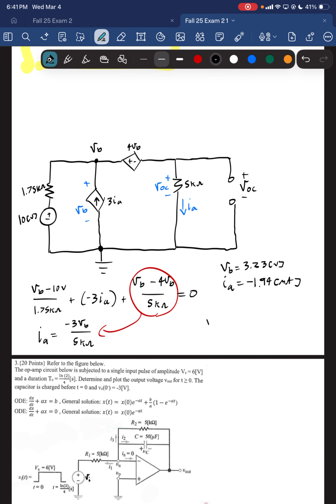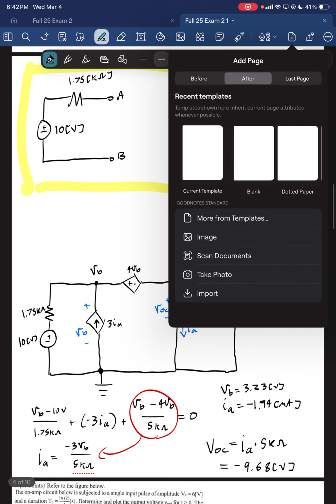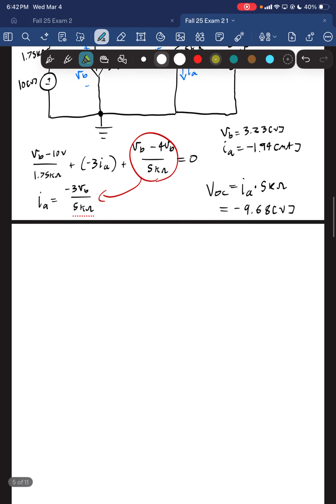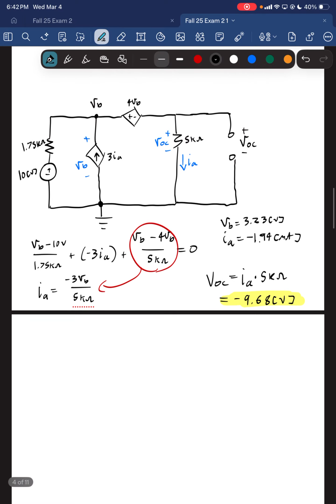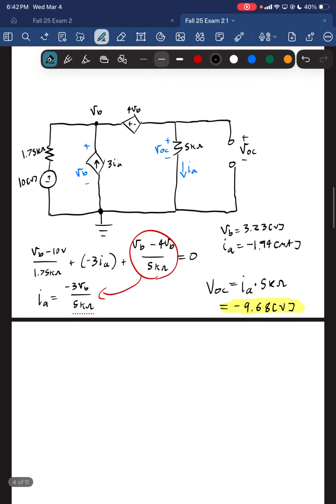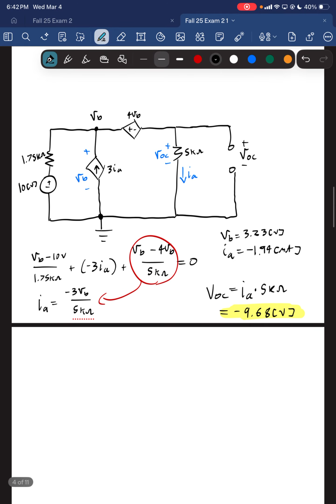So VOC is IA times 5 kilo ohms, which is negative 9.68 volts. Okay, that's our VOC. Any questions?